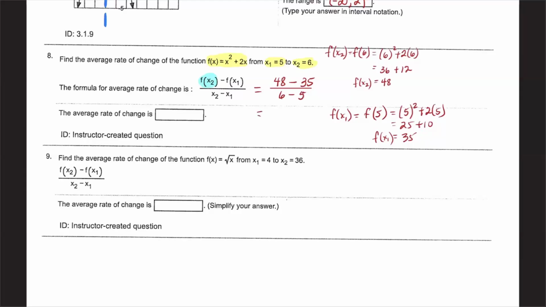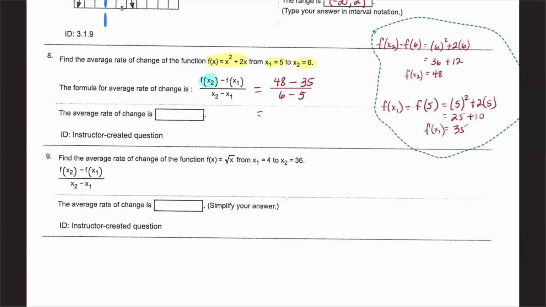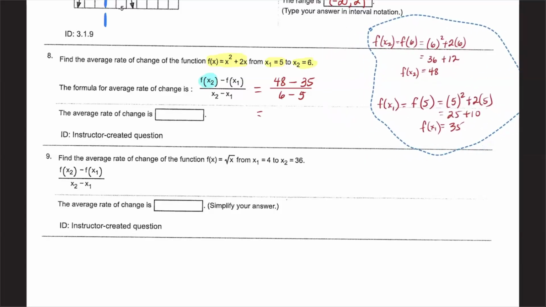If we simplify the numerator, 48 minus 35 is 13. But you have a 13 over 1, and we don't write 13 over 1. We just write 13. So the whole average rate of change simplifies to 13.